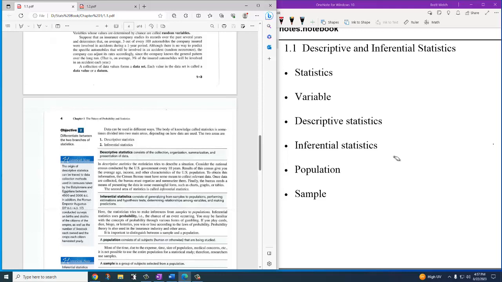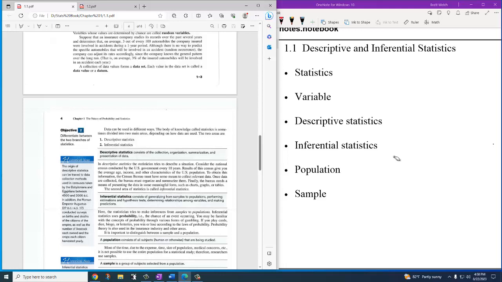In descriptive statistics, the statistician, or the person doing statistics, tries to describe a situation. Consider the national census conducted by the U.S. government every 10 years. Results of the census give you the average age, income, and other characteristics of the U.S. population. To obtain the information, there must be some means of collecting the relevant data.